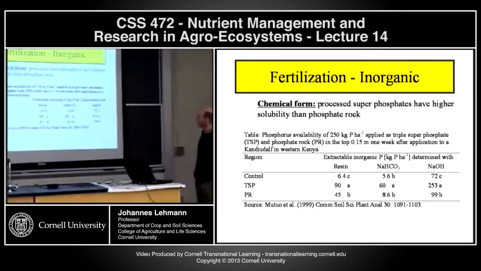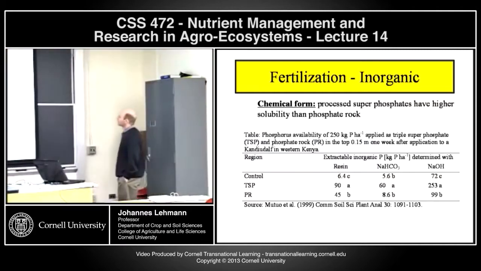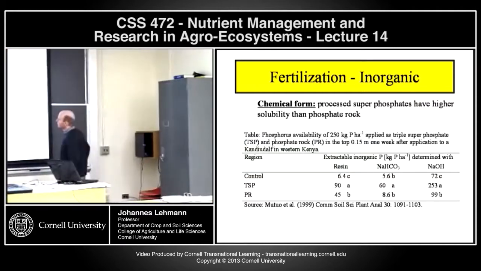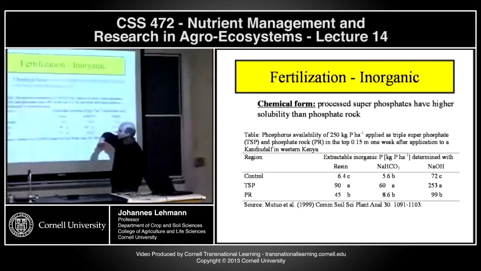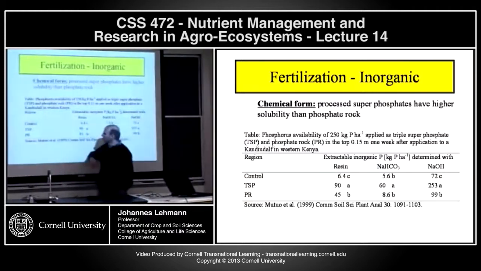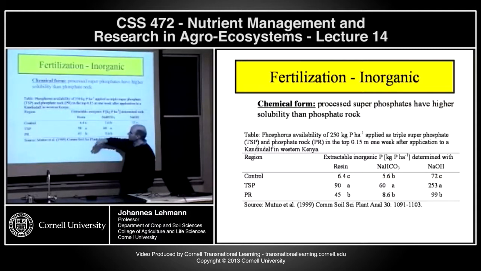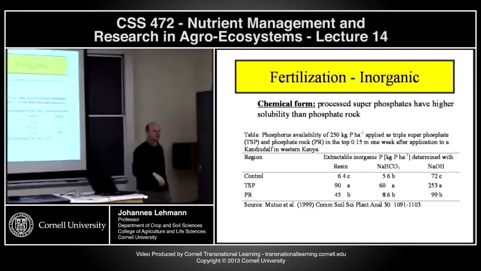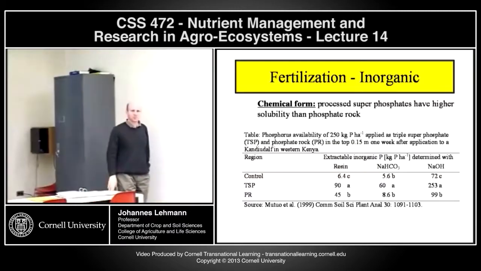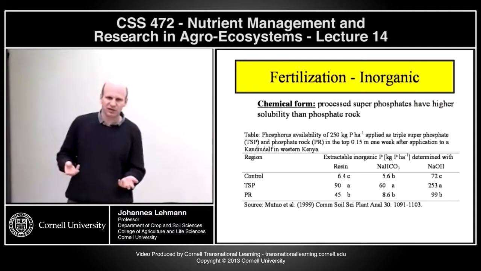Here is an example of how the chemical form affects the solubility, and we'll compare here for a site in Western Kenya, triple superphosphate and phosphate rock compared to a control. And you see here the resin extractable phosphorus. What would the resin extractable phosphorus be, in terms of the ecology of the soil?